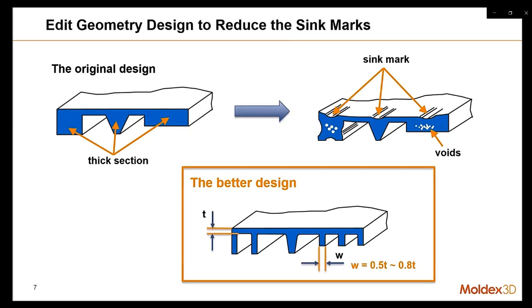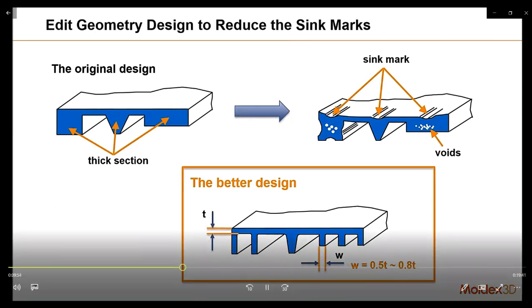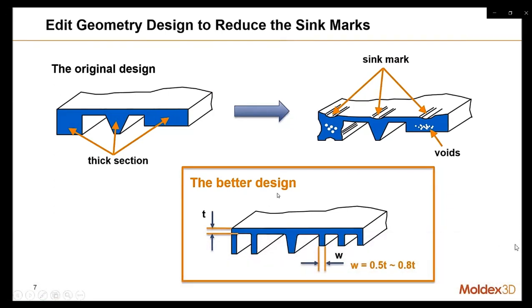So the way to deal with it is to separate the thick rib into several thinner ribs, just like this, the better design here. So we separate the thick rib into two or three ribs, and we can get a more even shrinkage situation on this structure.